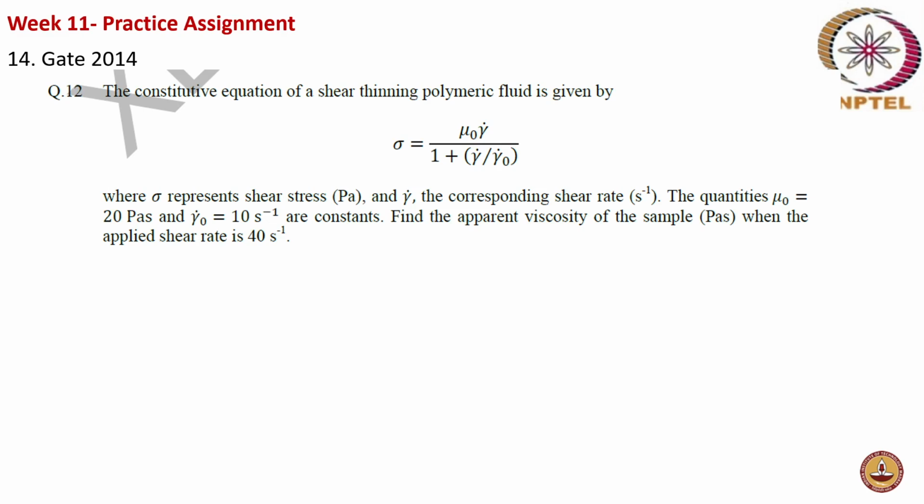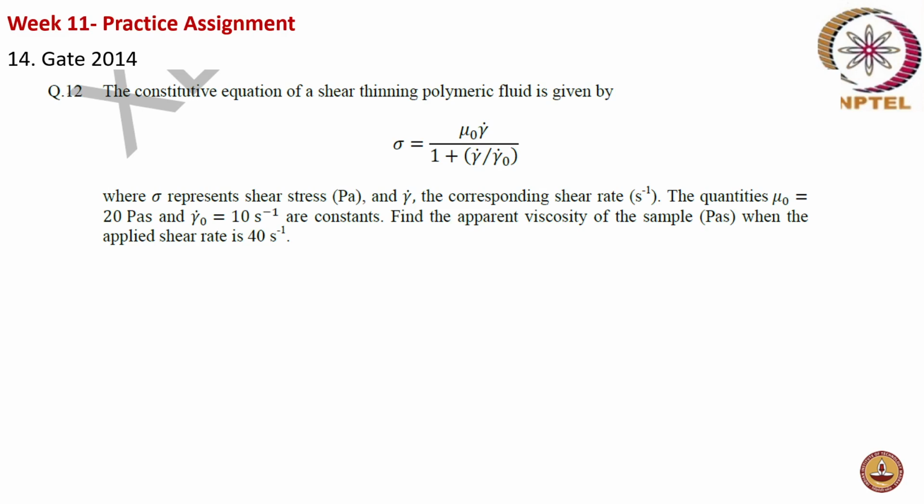Now let's get on to the next question. This is actually a GATE 2014 question. What is given in this question? The constitutive equation for a shear thinning polymeric fluid is given by sigma equals mu naught times gamma dot divided by 1 plus gamma dot divided by gamma dot naught, where sigma represents shear stress in pascals and gamma dot the corresponding shear rate in second inverse.